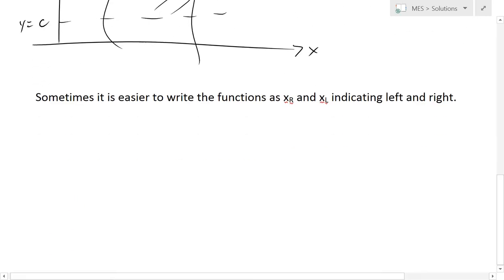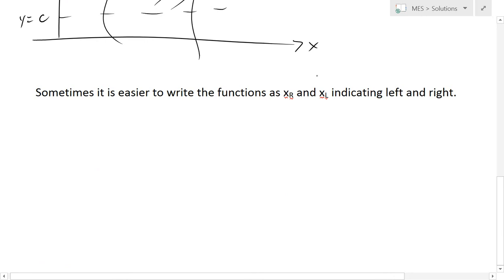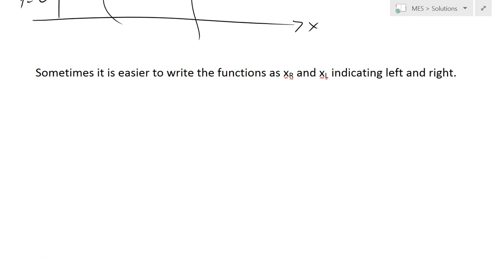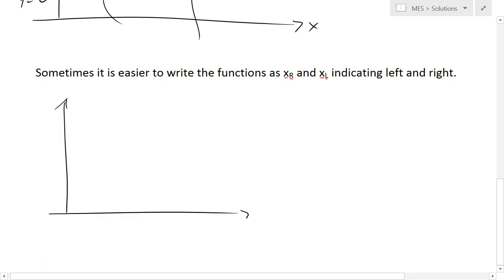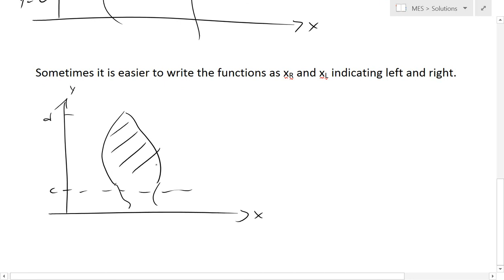But sometimes it's easier to write the functions as x_R and x_L, indicating right and left, as I will explain in my next video with an example. Basically, if we had something like this, with y and x axes, from c to d, a region like this, we'll call this one x_R and this x_L.